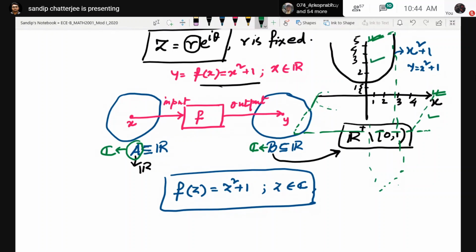Means I'll have a plane as my horizontal axis, another plane as my vertical axis, and everything is to be plotted taking that as a reference frame. So as a result, my entire diagram will somehow look like a four-dimensional object. My entire system needs to be switched from two-dimensional to four-dimensional.